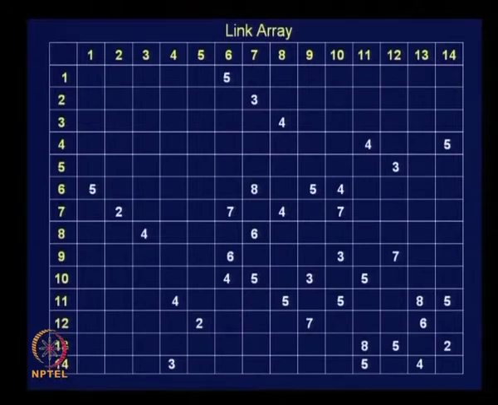Now go back to the link array. We have to proceed from 7, 9 and 10. Look at the connectivities to these nodes. 7 is connected to 2, of course apart from 6, which we have already seen, 6 to 7 we have come. The new connectivities are 7 to 2, 7 to 8 and 7 to 10.